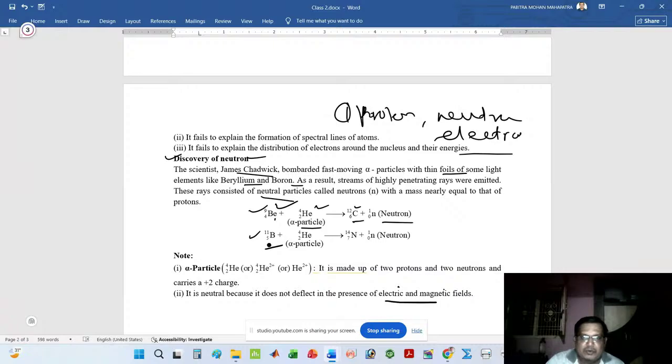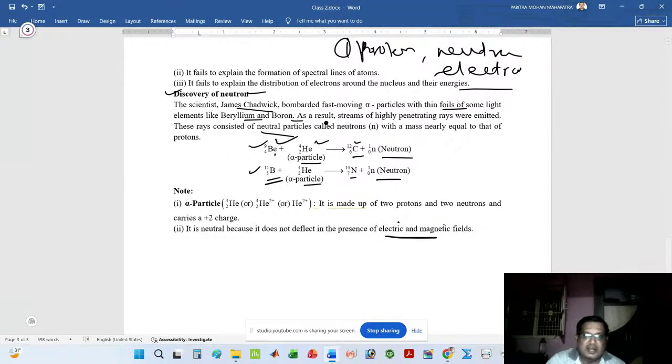Similarly, when boron is struck with an alpha particle, a nitrogen atom is formed, and a neutron is also emitted as a neutral ray. Here we can say that the alpha particle is indicated by He 4 2, or He 2 plus.